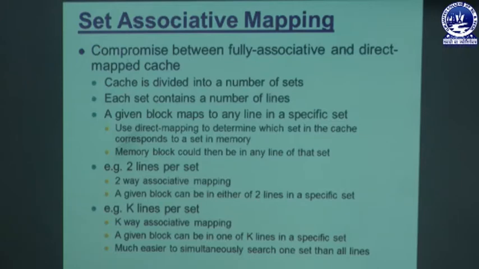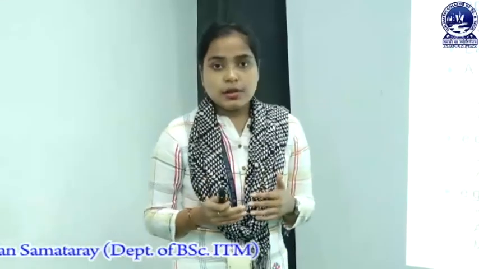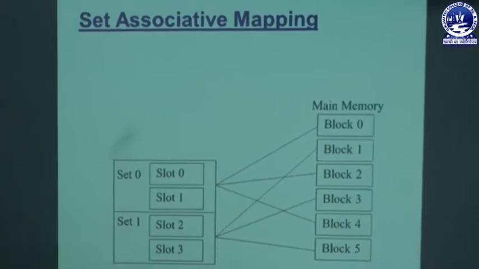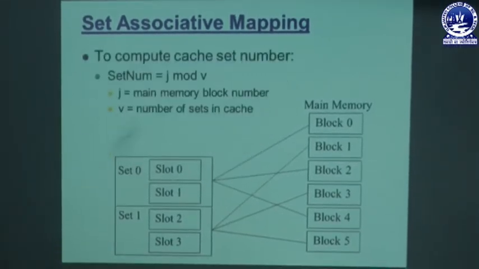In associative mapping, we have to search all the cache lines, but in set associative mapping we search multiple lines of one set in parallel, and the number of lines to be searched is smaller compared to associative mapping, because we divide the lines into sets and all sets are equal in size. We will see it in an example in the next slide. So this is the example of set associative mapping. What does this determine?